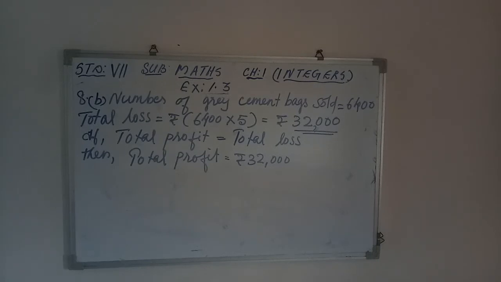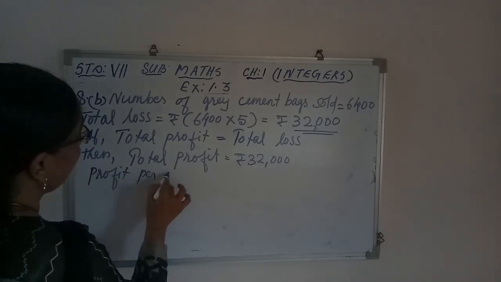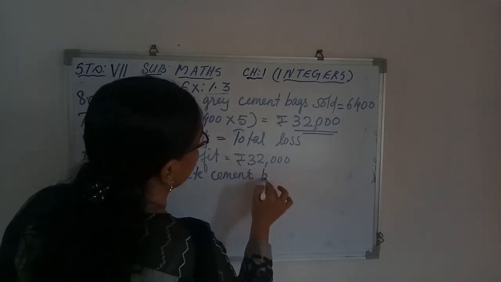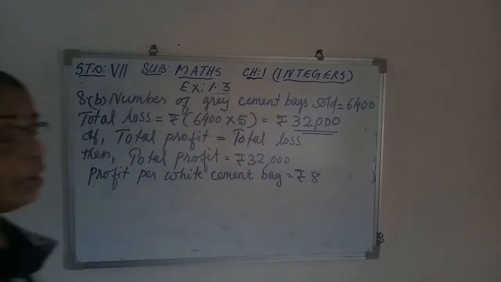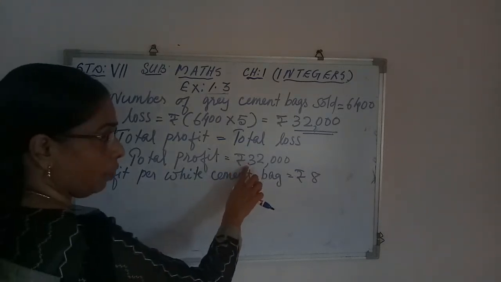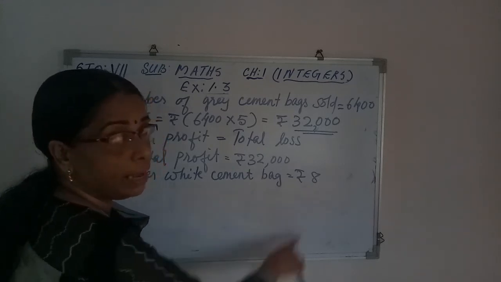But we know that already we have seen profit per white cement bag. For one white cement bag, when it is sold, what is the profit? Rupees 8, already given. Therefore, how many white cement bags are to be sold? How do you find out the number? Divide the total profit by the profit obtained after selling each bag.